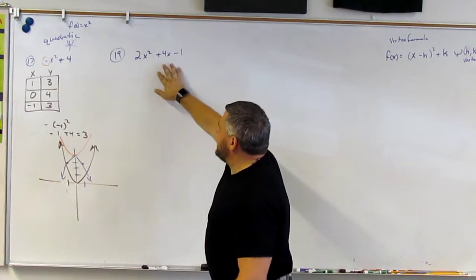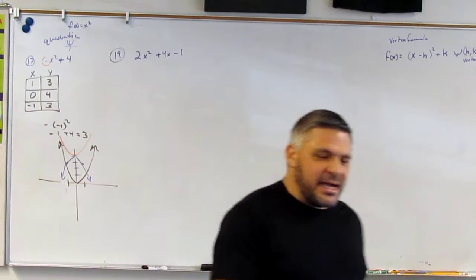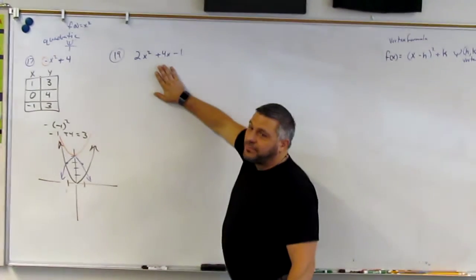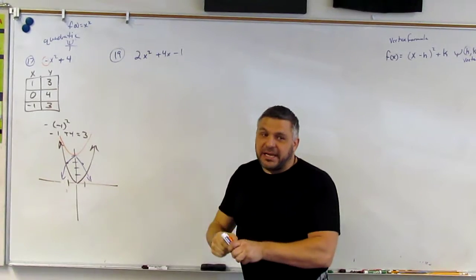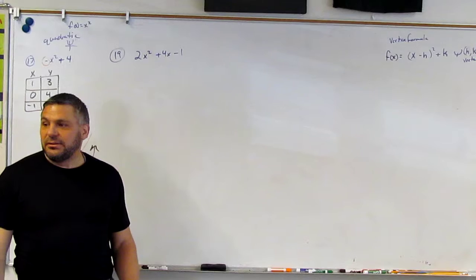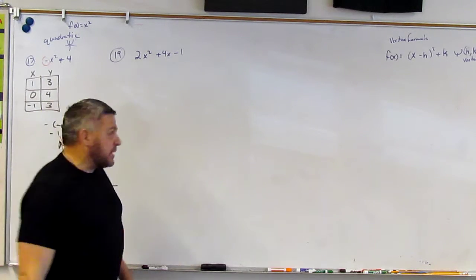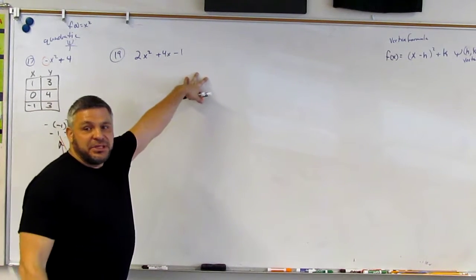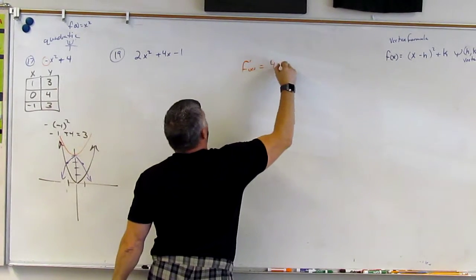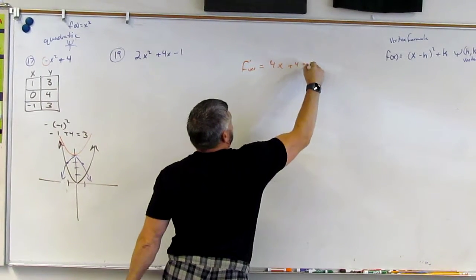This one, I don't really like because it's not in the vertex form, right? We're going to be able to do this eventually. Next week, I'm going to teach you how to do this, where you say f prime of x is equal to 4x plus 4 equals 0.